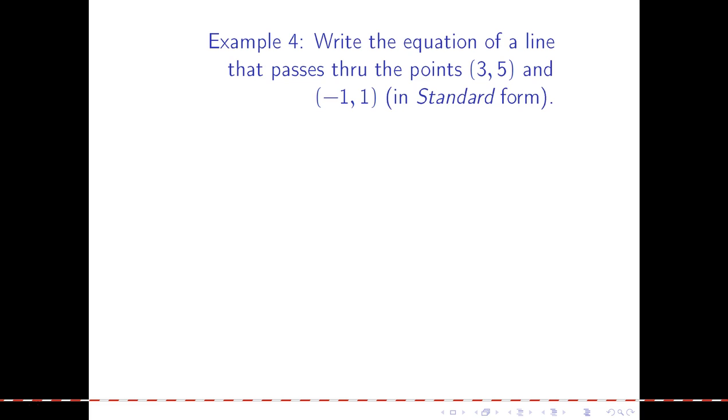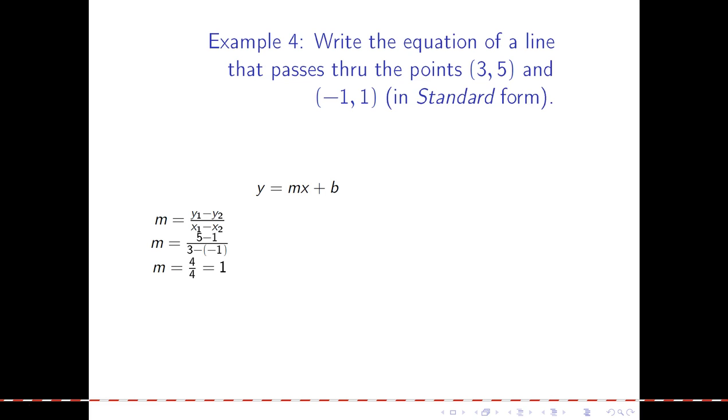Welcome back. Hopefully you went ahead and were able to go through that. So first, slope. We have the formula for slope. Plug in our values. And notice 5 minus 1 is 4, but 3 minus negative 1 is really the same thing as 3 plus 1, which gives me 4 over 4, or just 1. That's a nice slope.